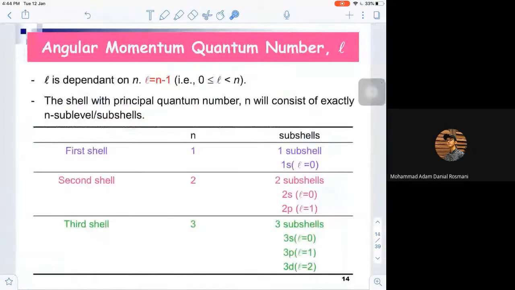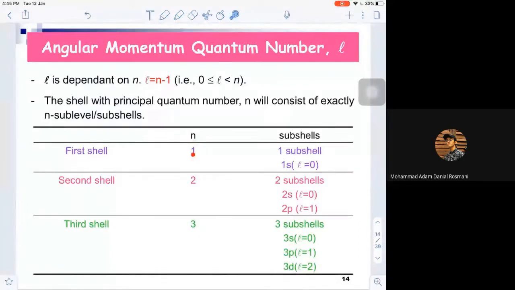Since L depends on n, the orbital with the principal quantum number n will consist of exactly the same number of subshells. Let's look at an example when the principal quantum number is equal to 1.